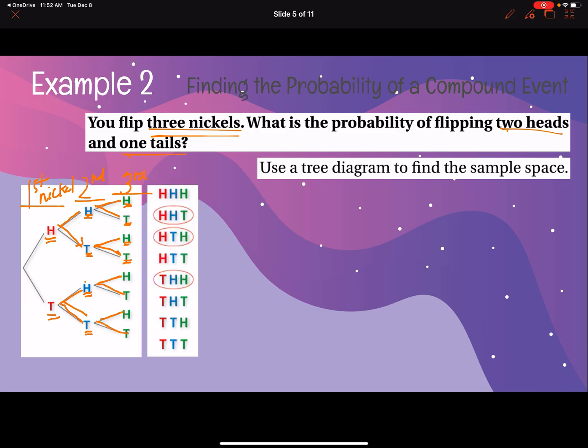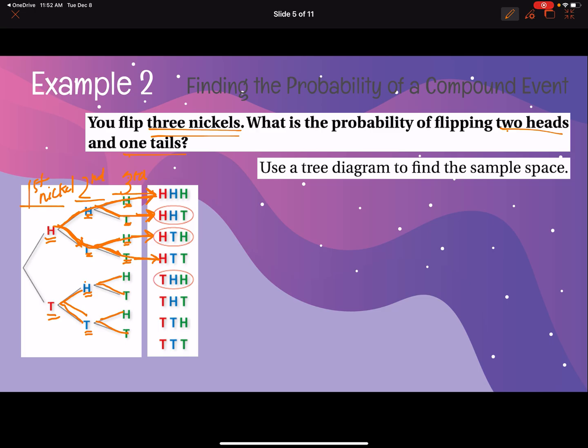So we have all of these occurring, which lead us now to all the possible outcomes. So if I followed this from head, head, head, I wrote it there. Head, head, tail goes next. Head, tail, head goes next. Head, tail, tail.